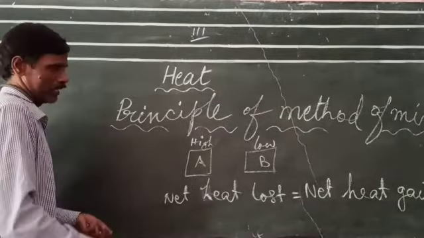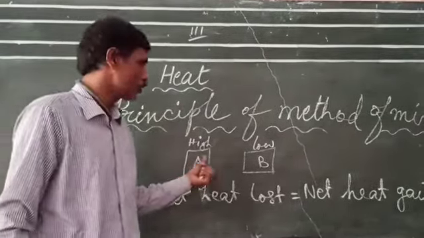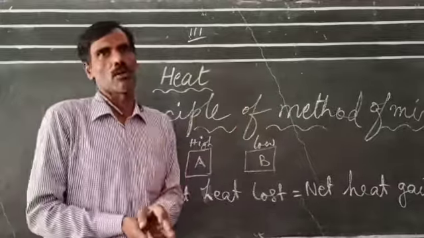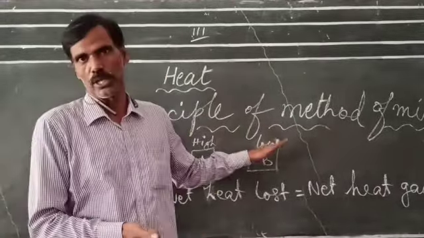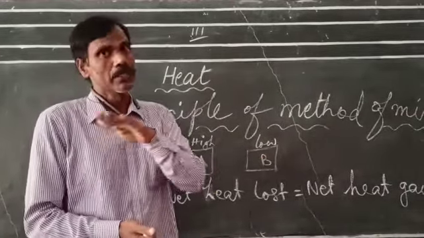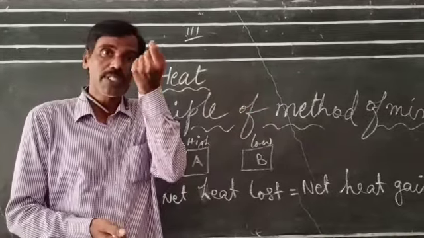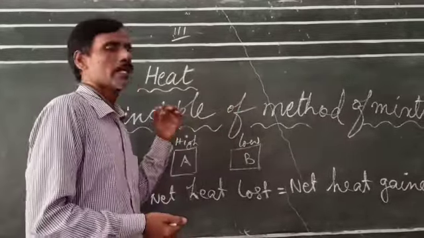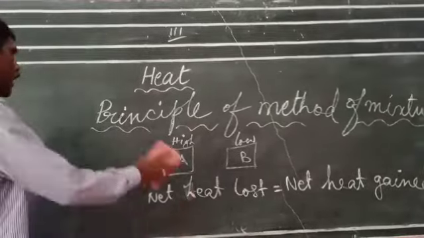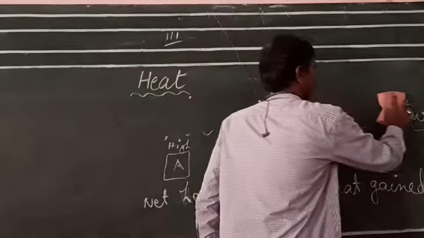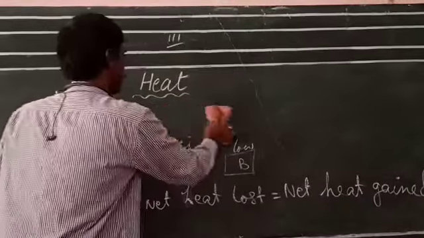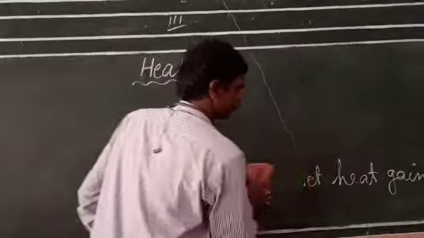As I told you, when these two bodies are kept in thermal contact, heat is transferred from this body to this body until they attain equal temperature. That temperature is to be found out by using this principle of method of mixtures. Now I am deriving that formula by taking one example.